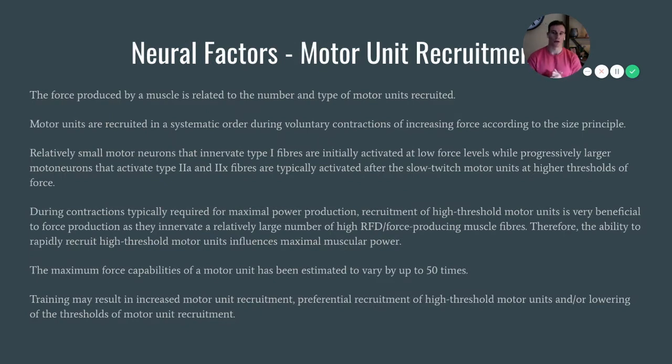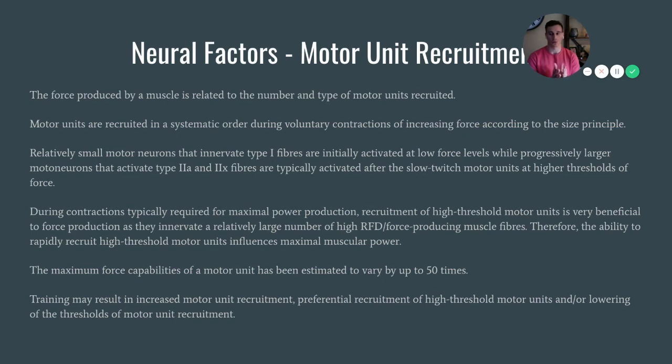The force produced by a muscle is related to the number and type of motor units recruited, so motor unit recruitment is a big factor when it comes to expressing strength and power. Motor units are recruited in a systematic order of increasing force according to the size principle.